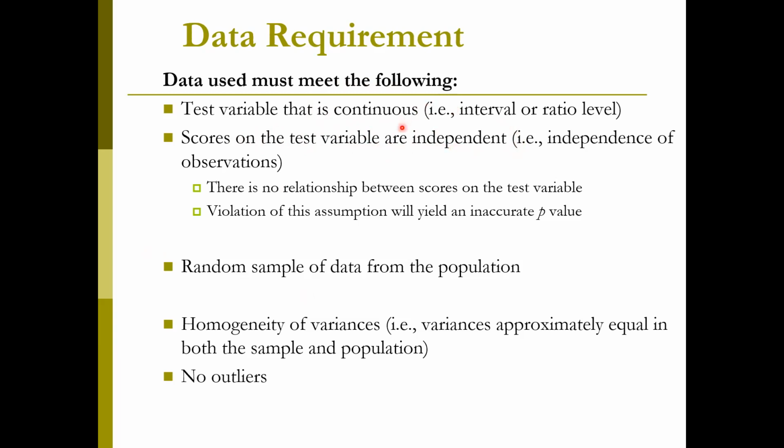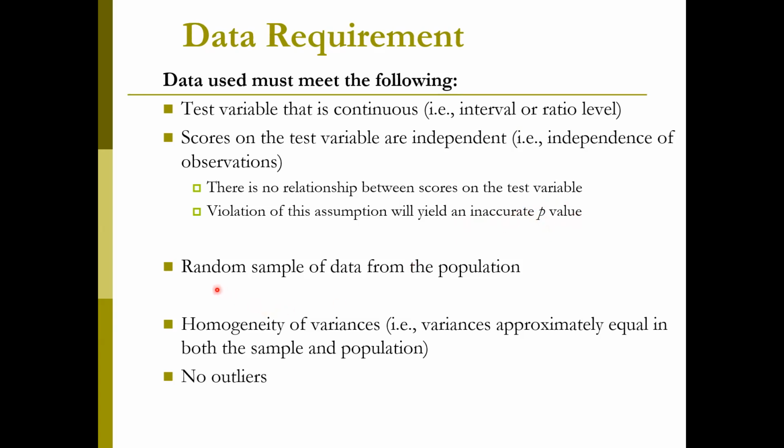Remember the word independent. What does it mean? It means there is no relationship between scores on the test variable. The violation of this assumption will yield an inaccurate p-value. Watch earlier videos if you want to understand what a p-value is.